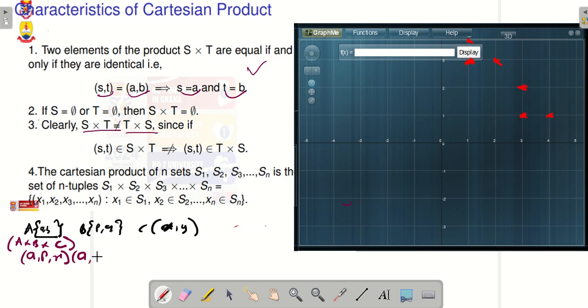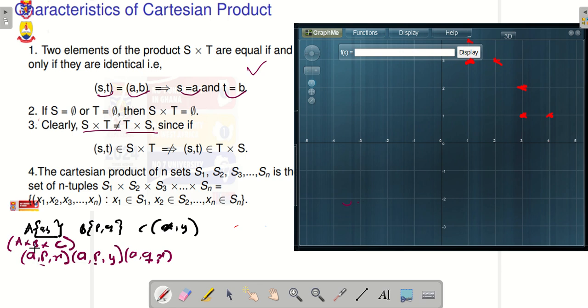Then it will pair P, and this time it will pair Y. Now I am done with X and Y. I will take A again, and this time it will pair Q, whereas the first time it paired P. Then it will pair X. Are we okay?